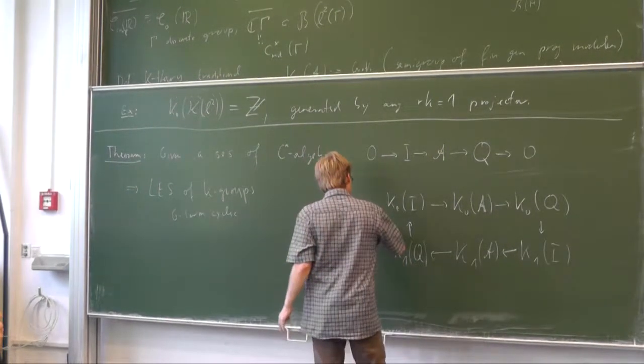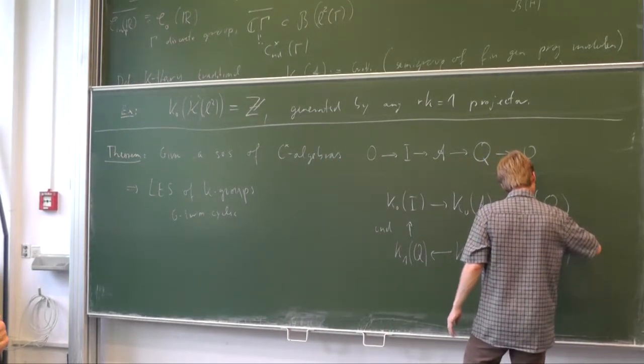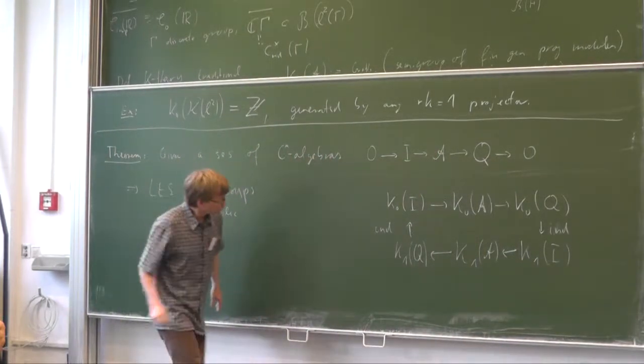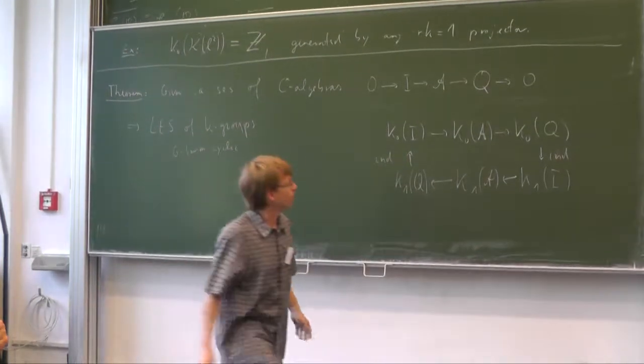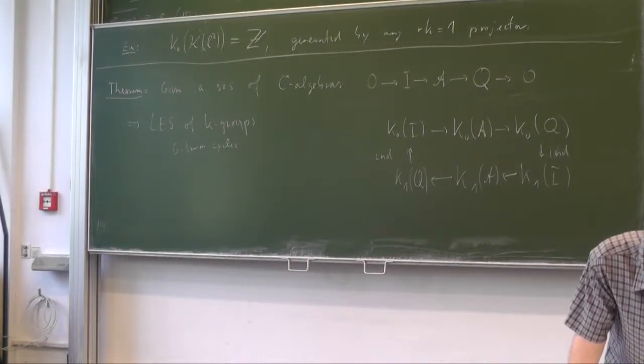And there are good reasons to call these maps index maps. We'll see that a bit later. That's a very important basic input of K-theory of C-star algebras, which we are going to use all the time.